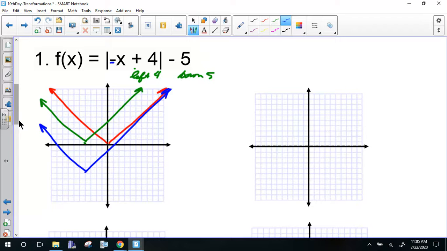That's inside, so I want to flip it over the y-axis. So if I flip it over the y-axis, this point's going to come over here. It's going to go this way and this way. So the black one ends up being my absolute value of negative x plus 4 minus 5.